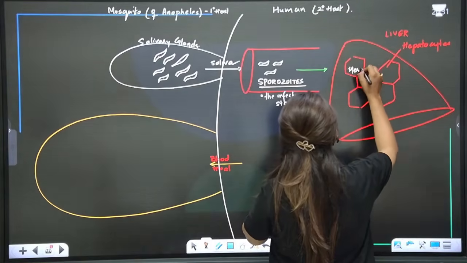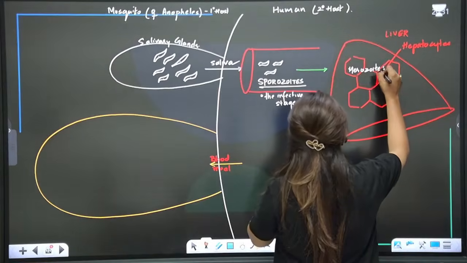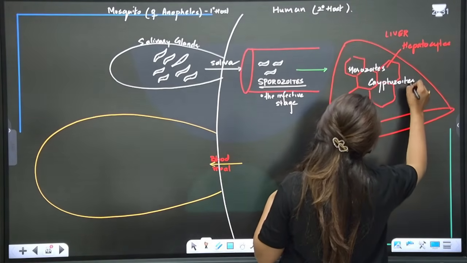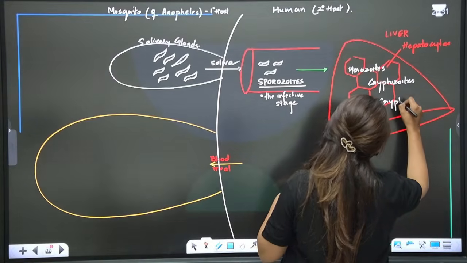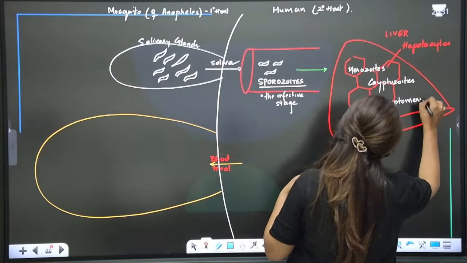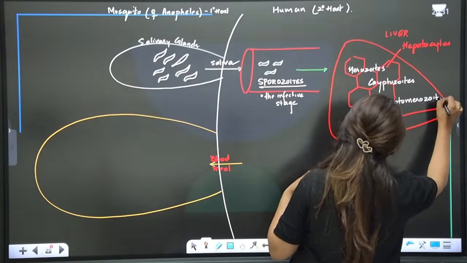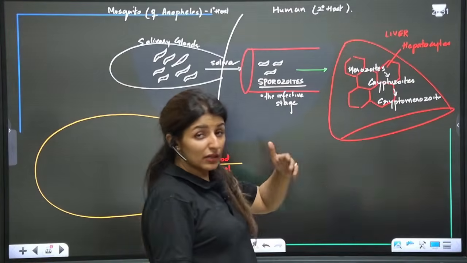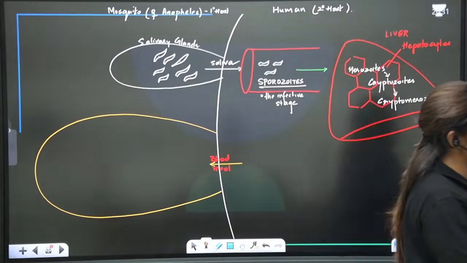For example, they will form merozoites, cryptozoites, and cryptomerozoites. So these are all larval stages formed one after the other. So they keep on transforming from one stage to another. So these are all larval stages.